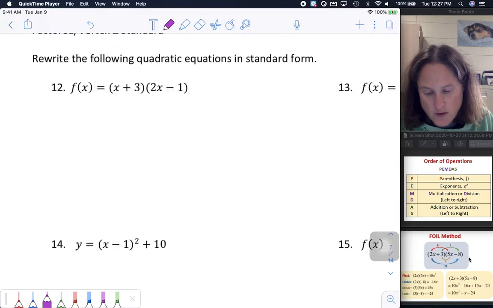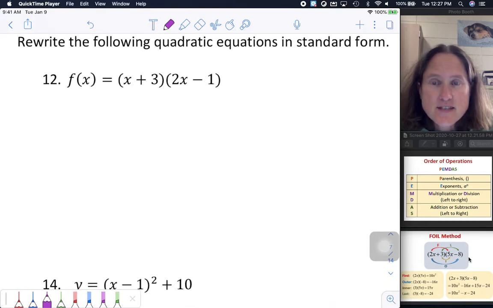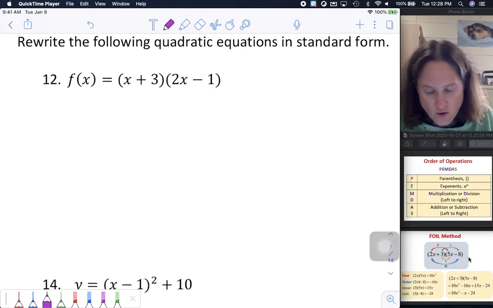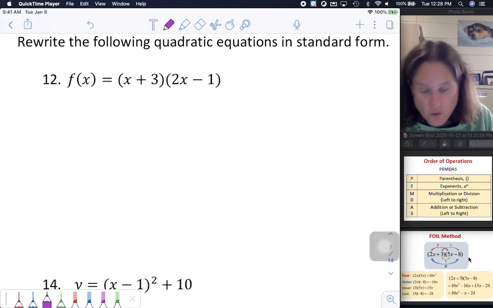So number 12, if we take a look at this, this is what form? Factored form. We have the two parentheses. We know that the x-intercepts are negative 3 and positive 1. We know a lot of information about that. But if we want to write it in standard form, we can either use FOIL, where we would multiply the first terms. X times 2x is 2x squared.